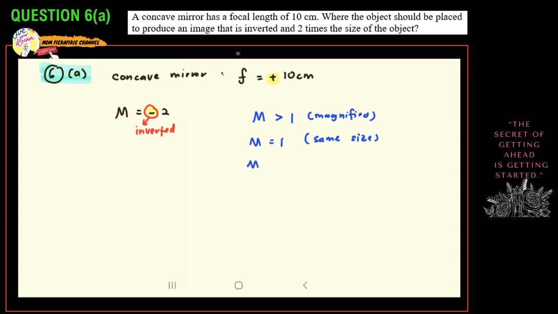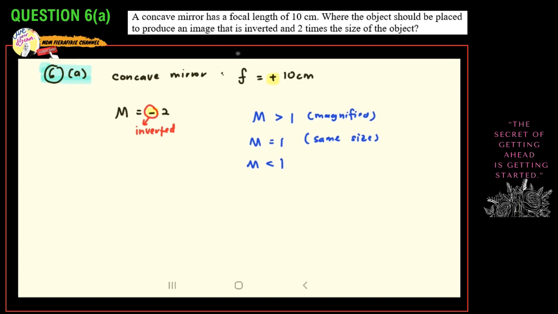Alright, and last one, when the magnification is less than 1, 0.9, 0.8, 0.5, alright. Kalau negative 1 bukan less than 1. Okay, kalau contoh macam negative 2 not less than negative 1.